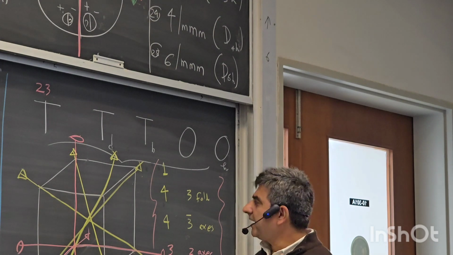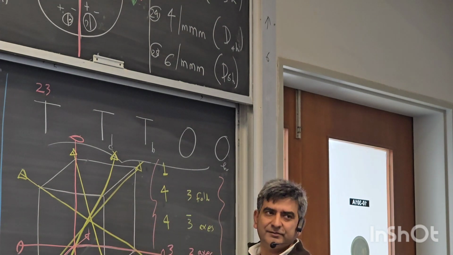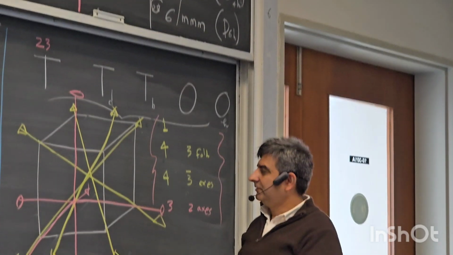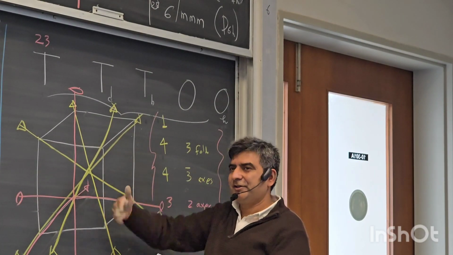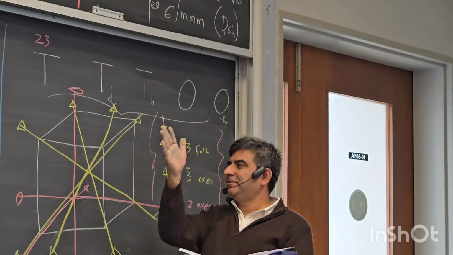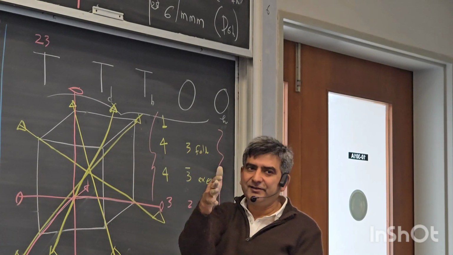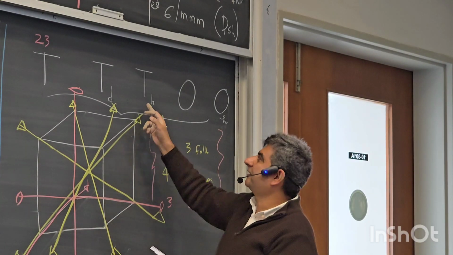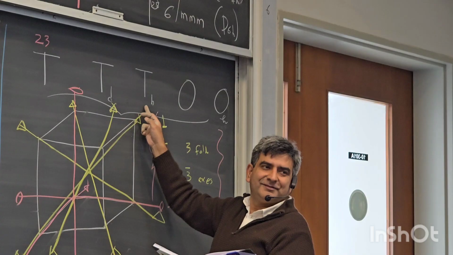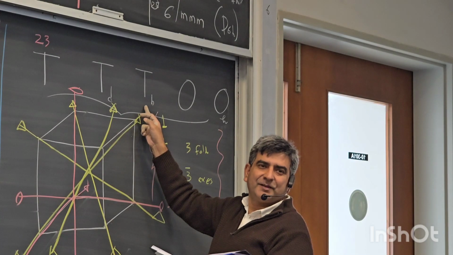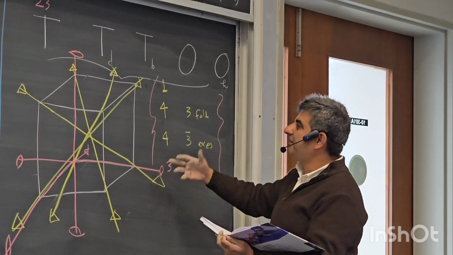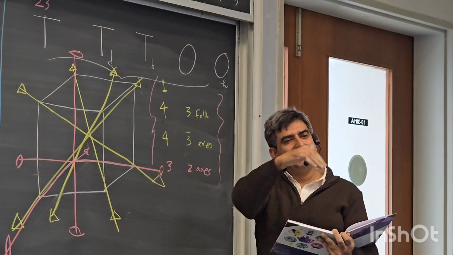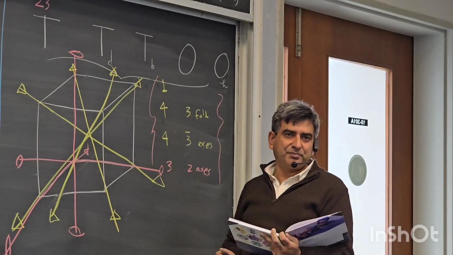Now if you add mirror planes to this, a mirror plane in the center of the cube, horizontal, vertical, from back to front. If you add these 3 mirror planes, you get the TH group. Right? So to these symmetry elements, you add 3 mirror planes. You get the TH group.